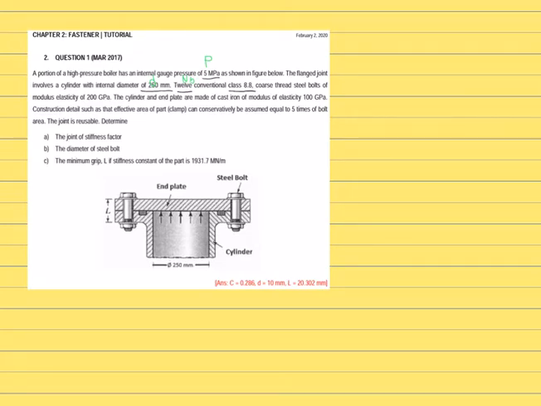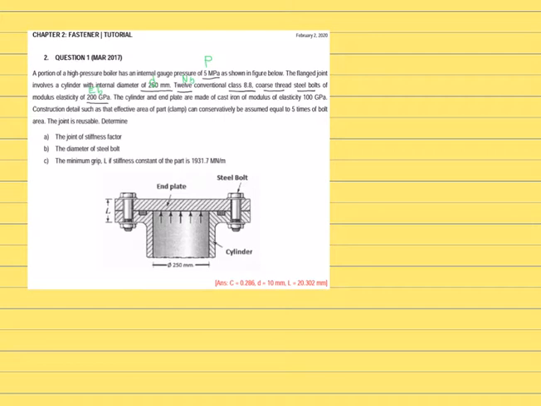This bolt is a cap screw type, made from steel, with a modulus of elasticity of 200 gigapascal. The cylinder and end plate are made of cast iron with a modulus of elasticity of 100 gigapascal.